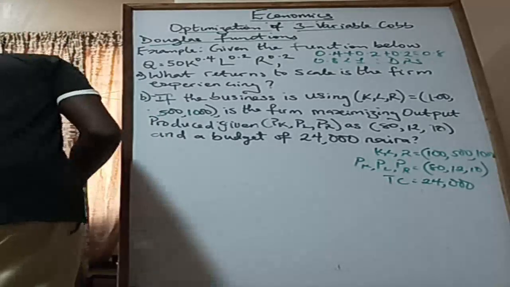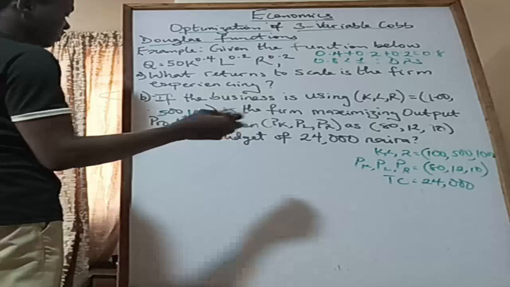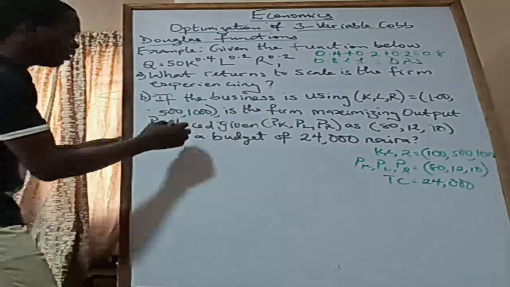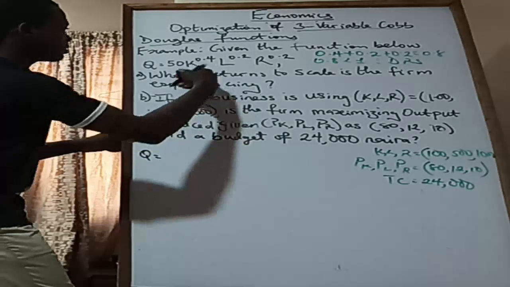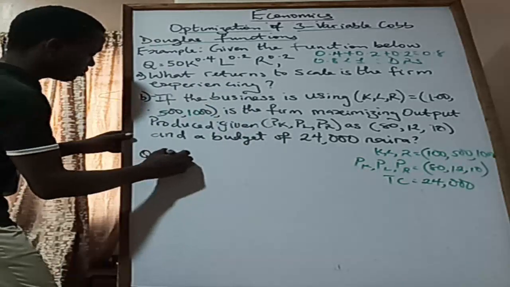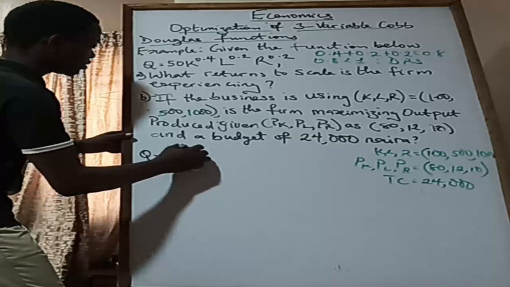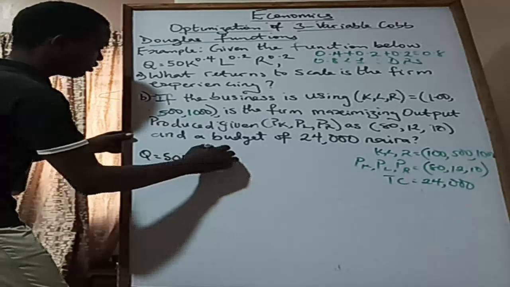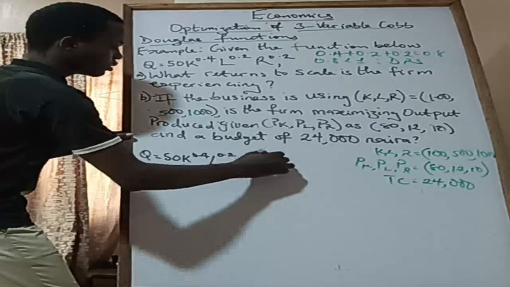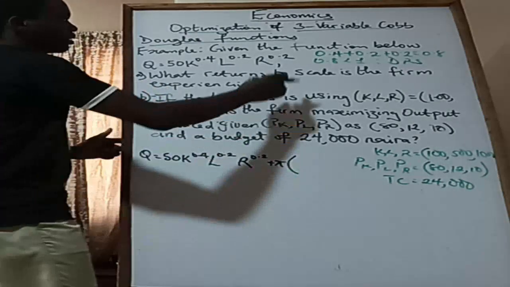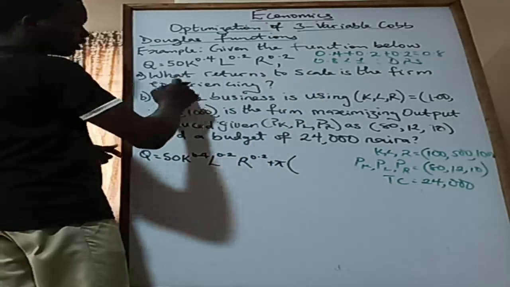All right, so let's start. When we set up the Lagrangian function, we have quantity equals 50 K to the power 0.4, L to the power 0.2, R to the power 0.2, then plus lambda into brackets the constraint.